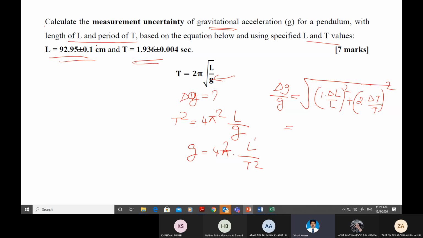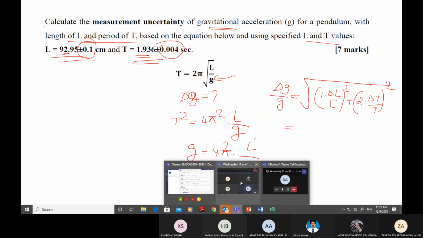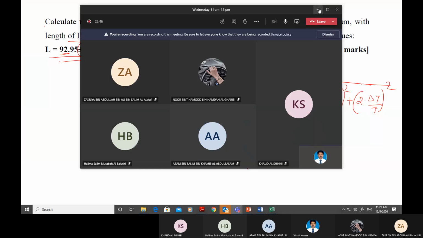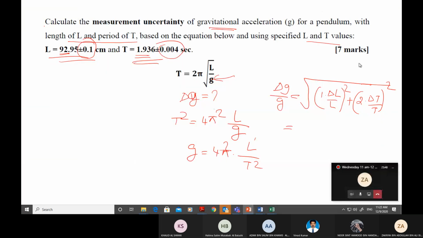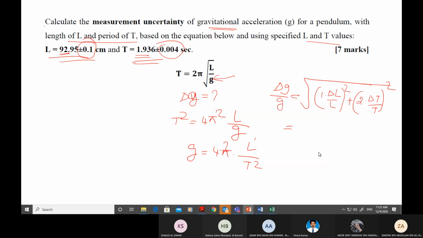Here is delta L, this is delta T, this is L, this is T. Can you substitute and tell me how much the value comes? Just calculate. I'm coming.